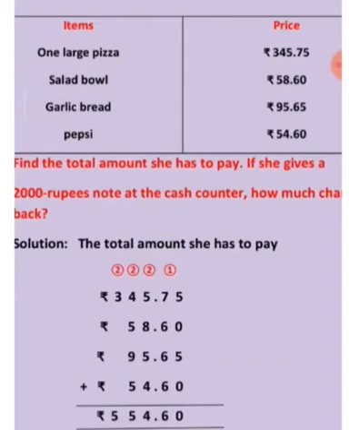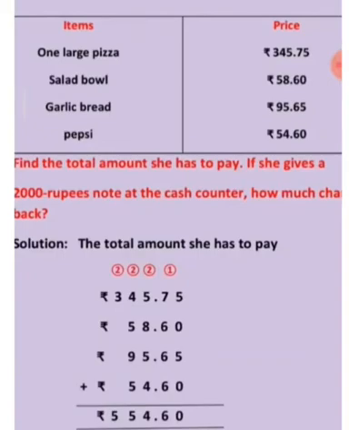Now it is given, 4 items she ordered. That means the price of the items is also given. By seeing those items, we have to find out how much money she has to pay.